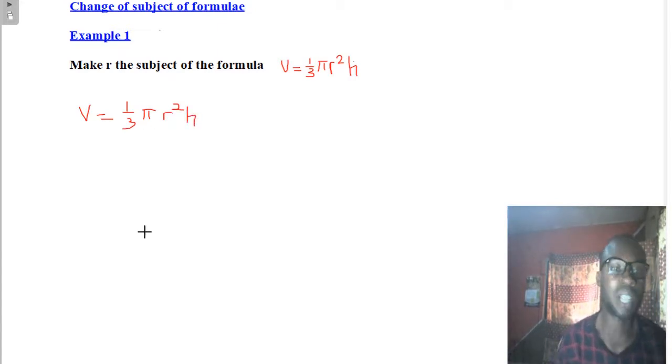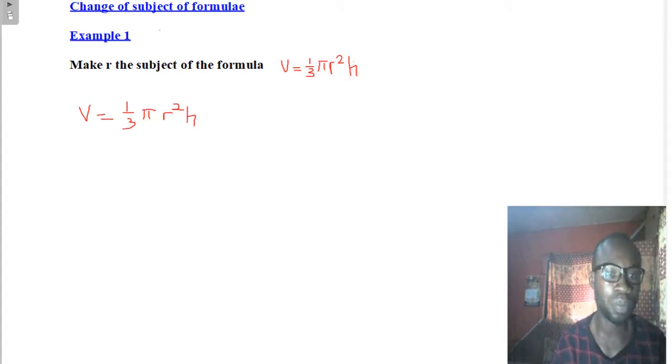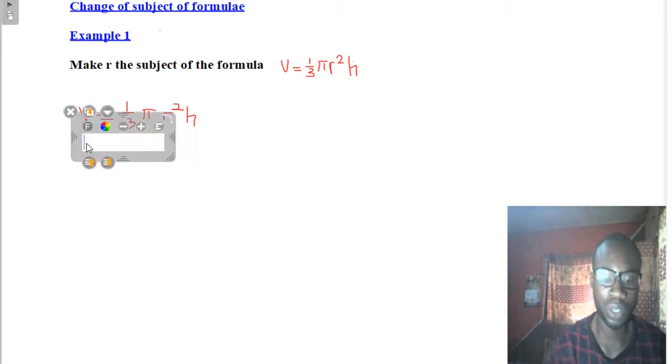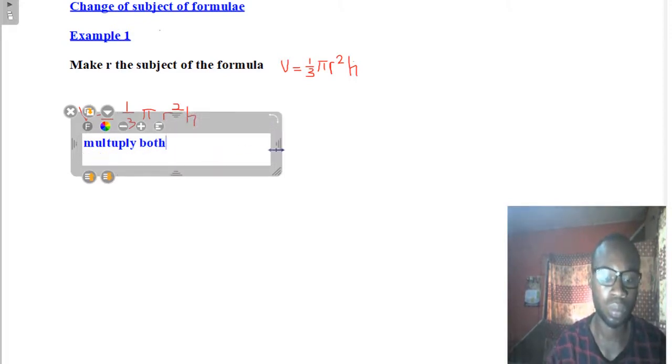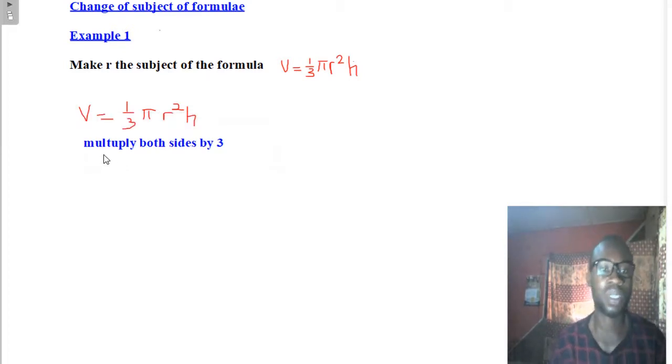So let's write our step. We are going to multiply both sides by 3 to clear our fraction. So I'm going to have 3v, that is when you multiply v times 3.